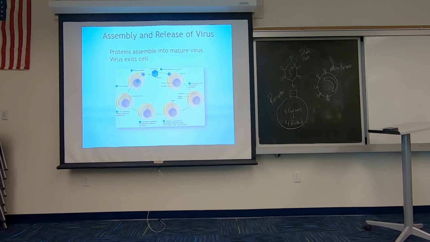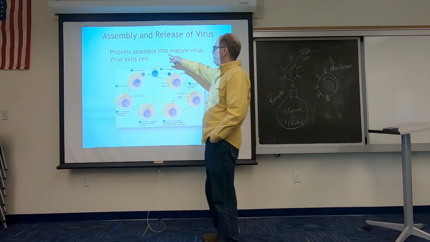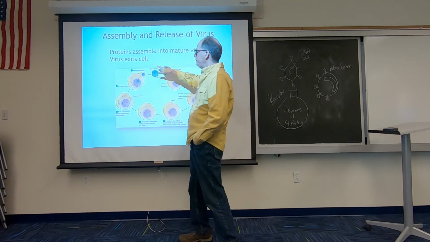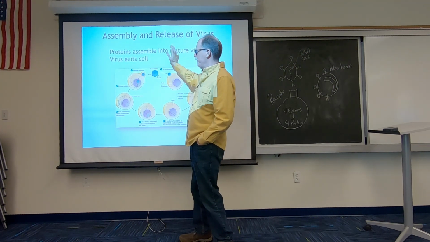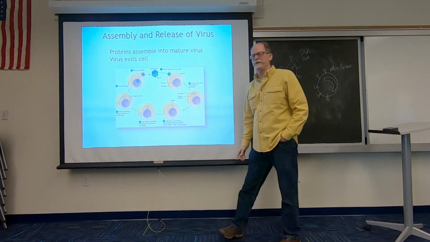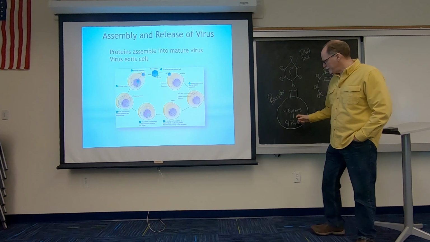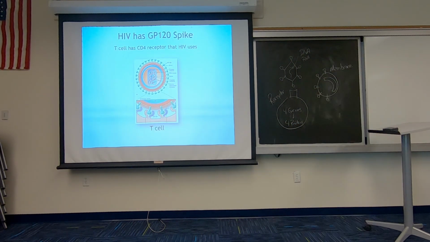And that's why you have the problems that you have, right? So you make the proteins, then the proteins are assembled. Once you've assembled the virus, then the virus gets released. So one cell that's infected may produce 100 or 200 viruses before it dies.